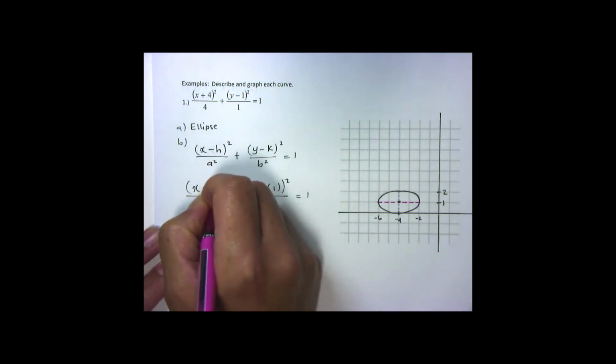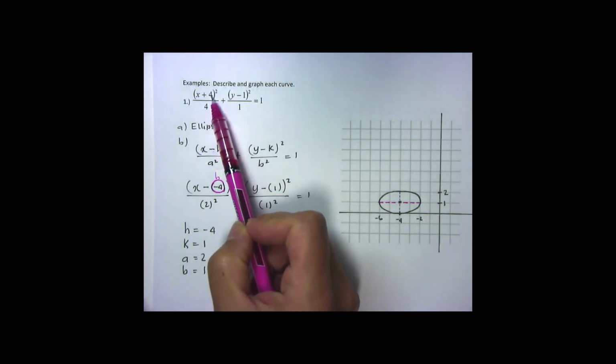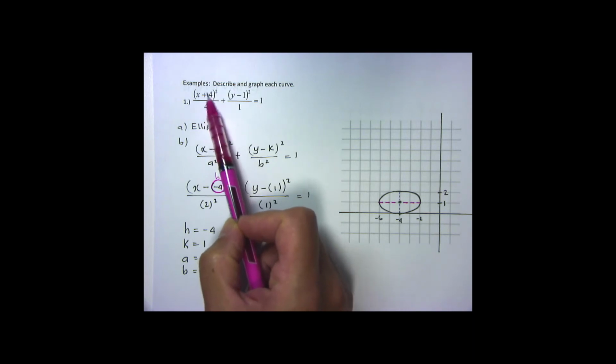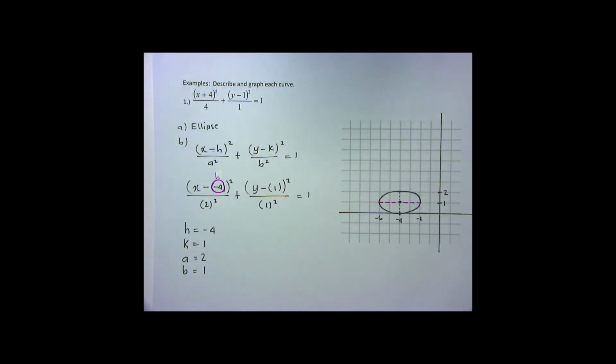Once the negative is in there, then we can isolate that quantity and know that this quantity is equal to, well, not a, but h. So h is not equal to 4. It's equal to negative 4, because the standard form says that this is a negative right here. That makes that a negative quantity. Does that make sense?